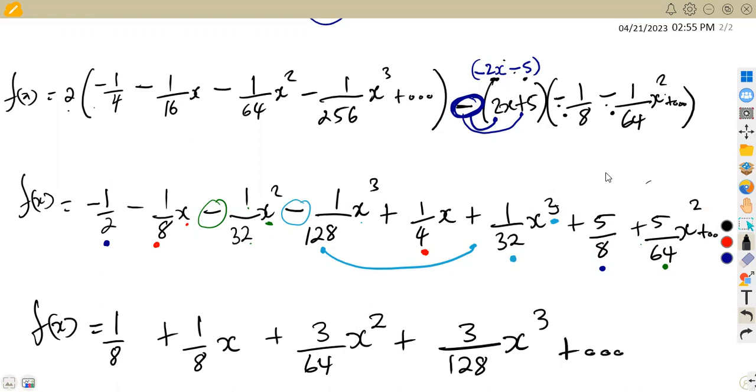All right, if we check on your final answer, the terms that have x have powers of 3 and less. Any part that has x to the exponent of 4 and so on is not involved in this expansion.